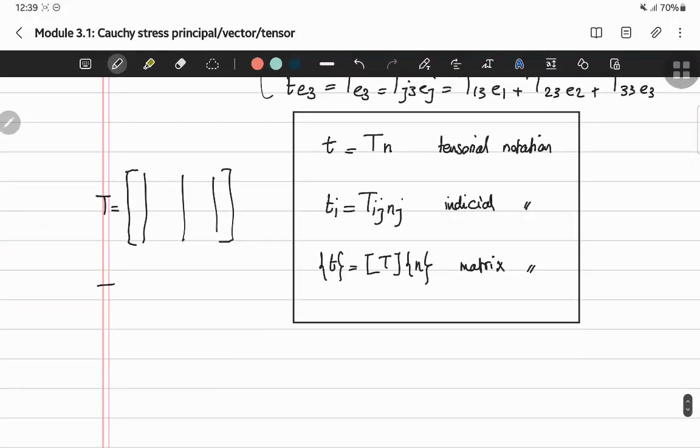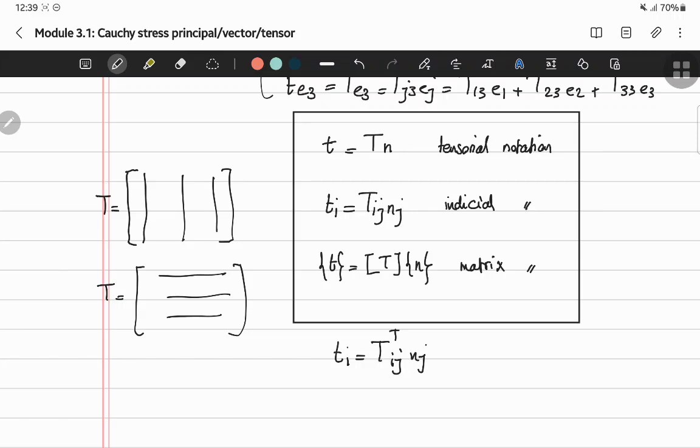Otherwise, if you, for example, fill in this transformation T horizontally, then you have to write ti is equal to T transpose ij nj, because now you have to transpose all the components to get the right answer.